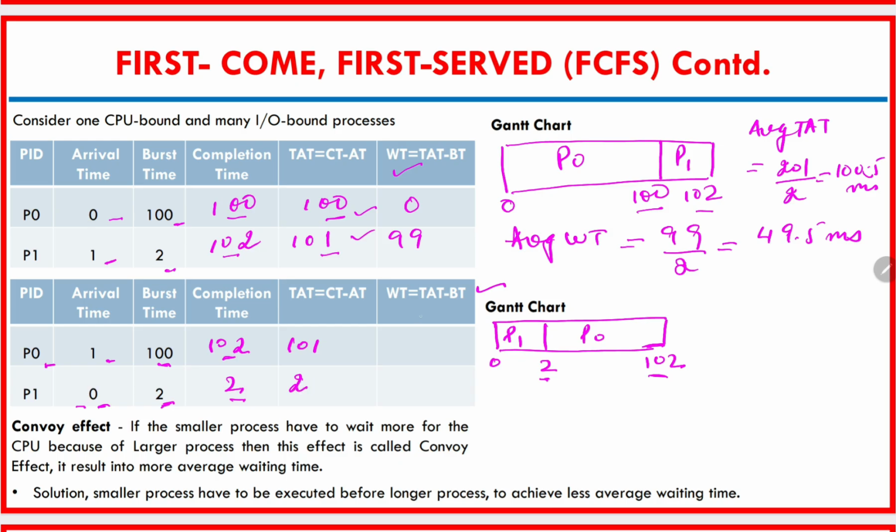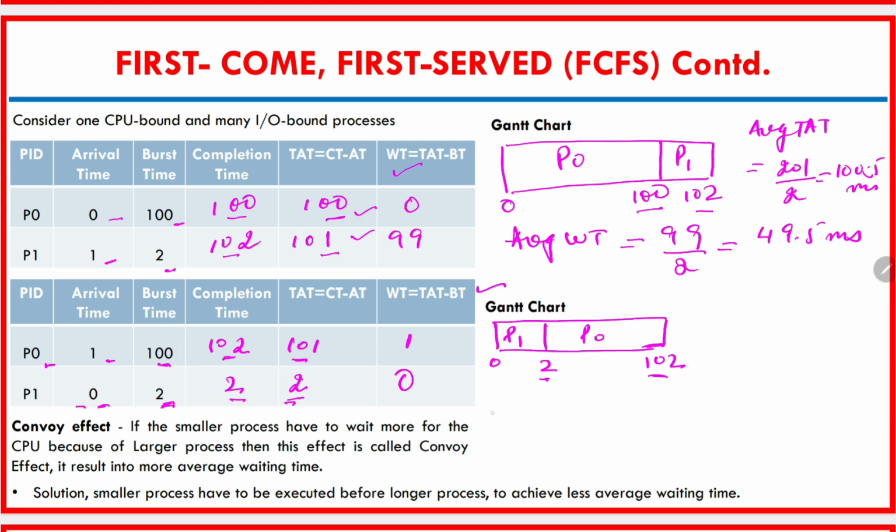Fine. Similarly, the waiting time for process P0 is 101 minus the burst time, that is 100, so this comes out to be 1, whereas for P1 it is 2 minus burst time 2, that is 0.